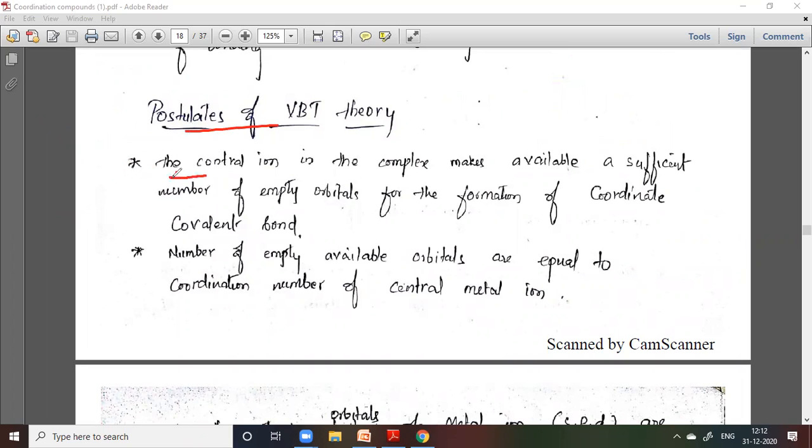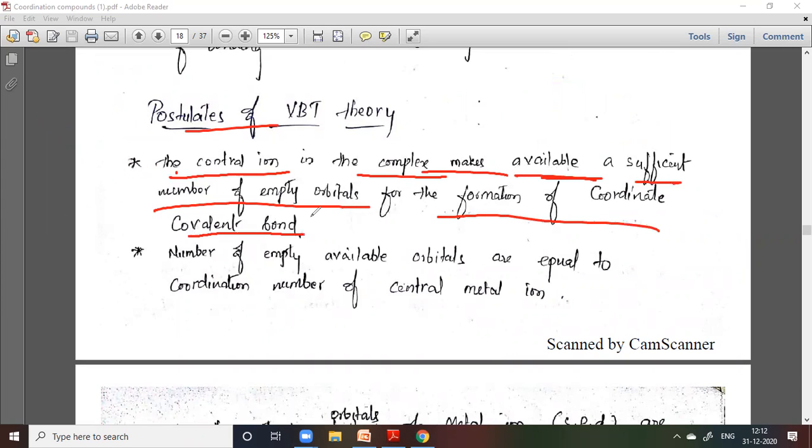First, the central ion in a complex makes available a sufficient number of empty orbitals for the formation of coordinate covalent bond. So what actually did he say first? VBT theory told that the central metal ion in a complex makes available a sufficient number of empty orbitals for the formation of coordinate covalent bond.